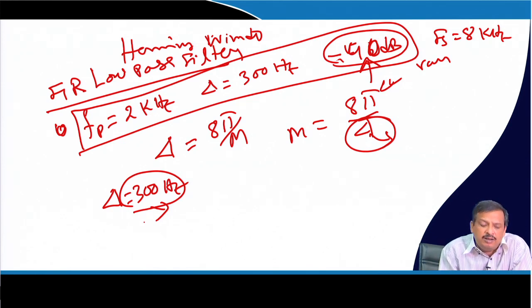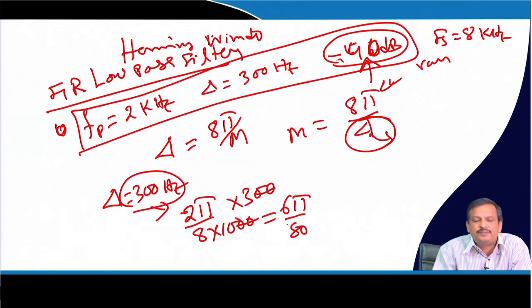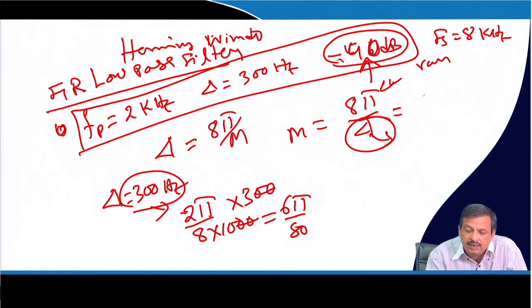I know 8 kilohertz means 2 pi. So 2 pi divided by 8 kilohertz into 300 hertz, which is 6 pi by 80. Then I divide: 8 pi divided by 6 pi by 80.